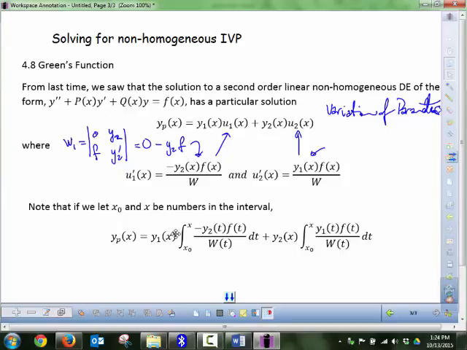The t is the variable that you're using to integrate, and then the x is a variable that's going to be part of your solution. So what we did was just replace the u1 and the u2 with the antiderivatives of these things.